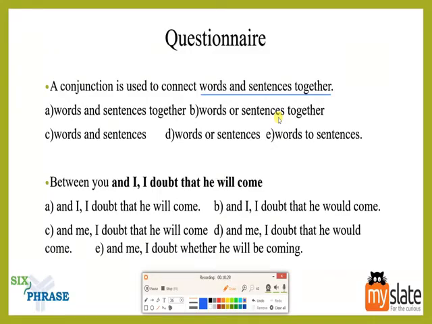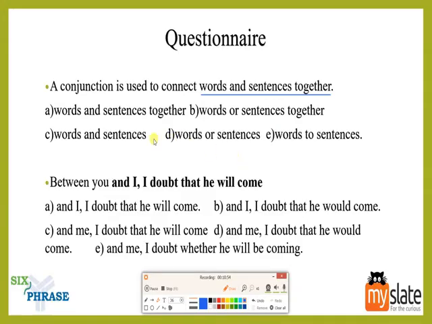And, but, though, although, even though, not only but also, in spite, despite, however, all of these words are conjunctions. We use them to join words together or sentences together. Since we already know what a conjunction is, we need not wait and see what is happening here. We can go directly to the answer.